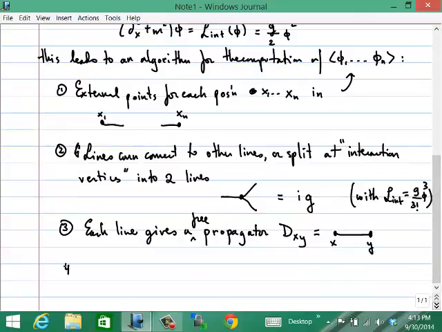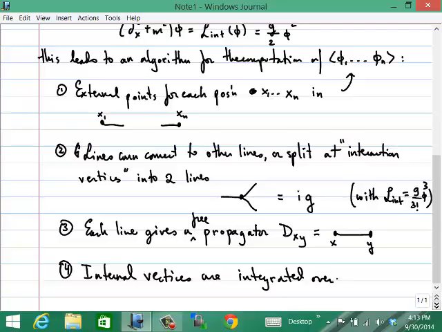And the final rule is that the internal positions, or the internal interaction vertices, will be integrated over. Okay.